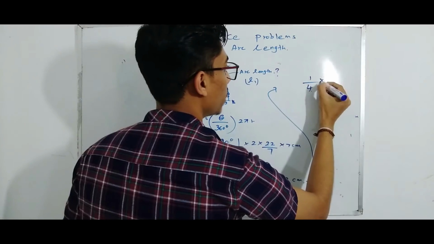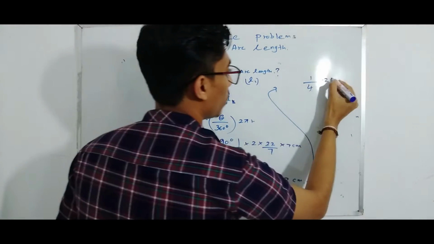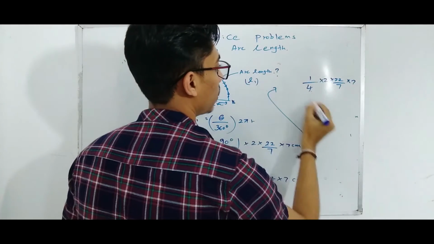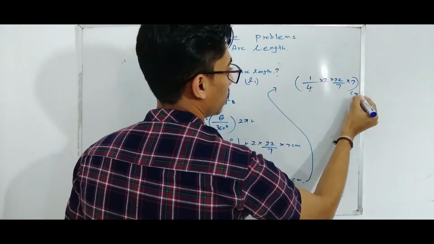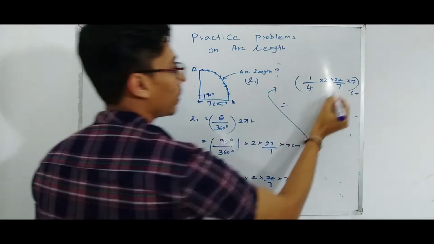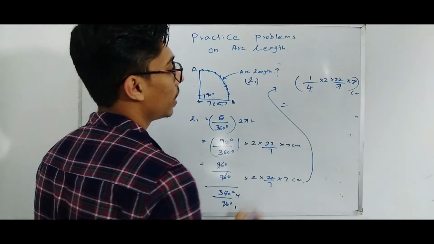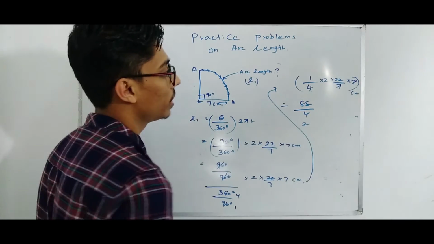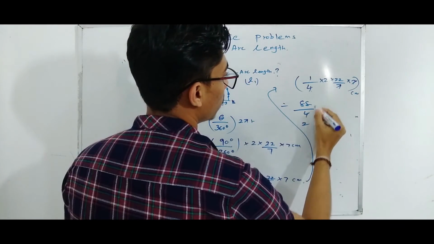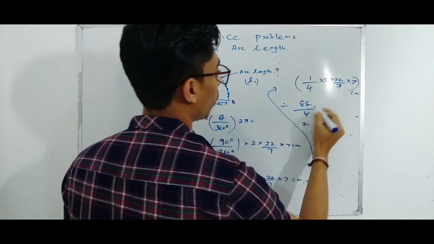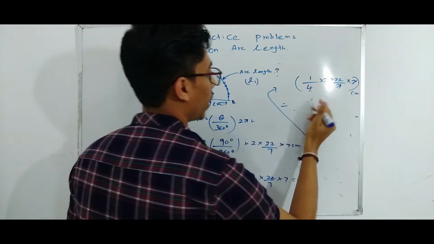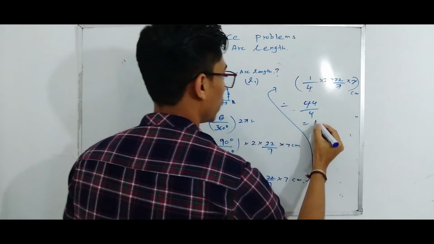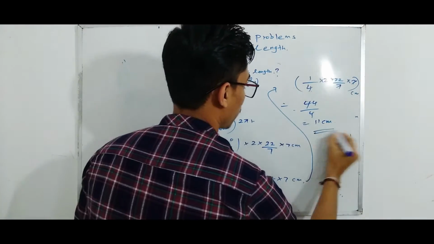I have the 2 here, the 22 upon 7 here, and the 7 centimeters. This comes in centimeters. Now I can divide 7 by 7, and I have 88 upon 4. Sorry, I have 44 upon 4. There you go. I get the arc length as 11 centimeters.